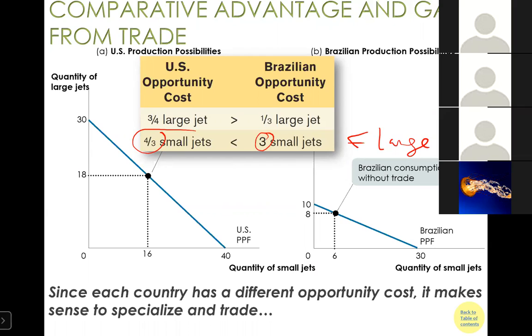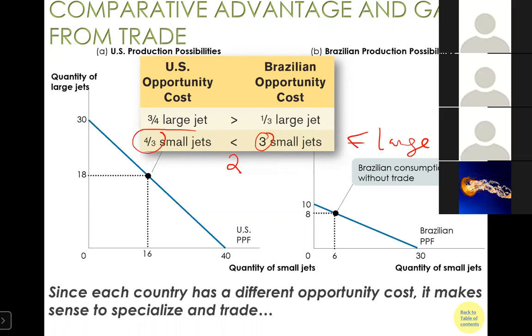In order to make it a deal for both, this price must make both happy, and we propose 2. This price makes American happy because it is higher than their opportunity cost. This price makes Brazilian happy because it is lower than their opportunity cost.